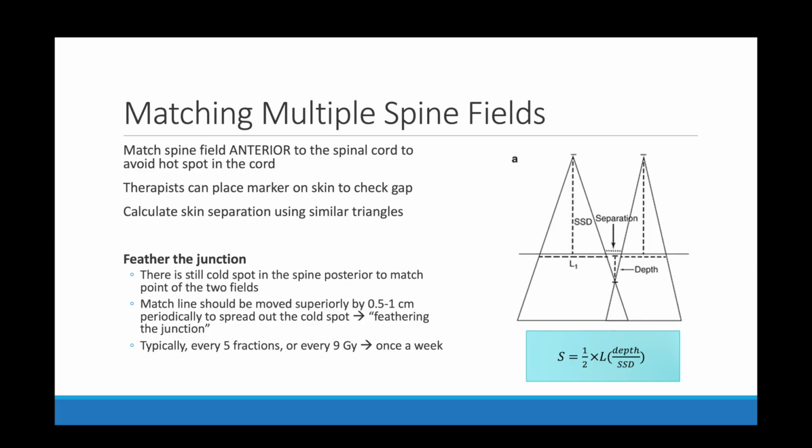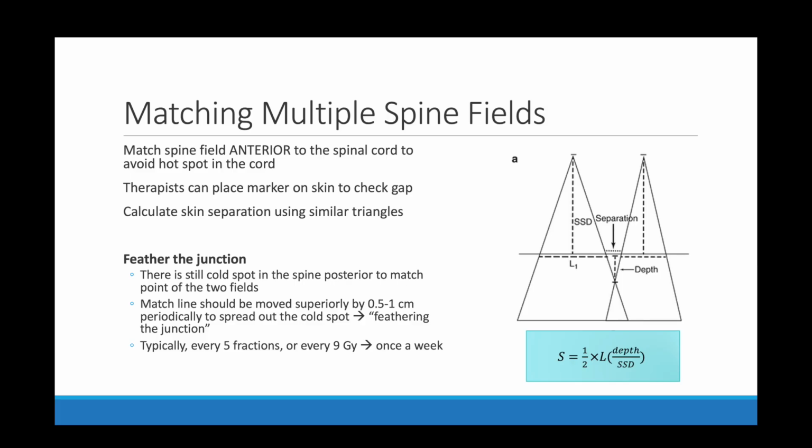One triangle is the SSD ratio to the length of the field itself. The other triangle is the depth of the field and then the separation that we see between the fields on the patient's surface. You can use similar triangles, or you can memorize the formula that I have in that blue box. Either way, that's another formula and mathematical concept you should be familiar with for board exams, and that is basically calculating the patient's separation.